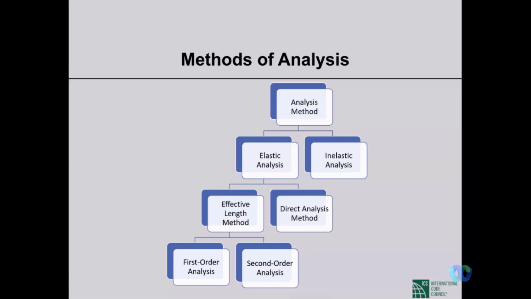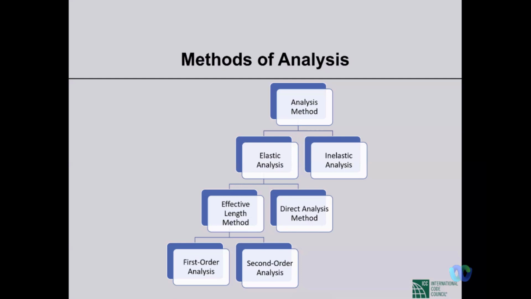Now, direct analysis method is the main method now. Previously, it was kind of a secondary method, an advanced method. Now, if we follow AISC, not in BNBC, in AISC, this is the primary method. We are supposed to follow direct analysis method. If somebody wants to follow effective length method, still this is allowed, but direct analysis method is the recommended method.